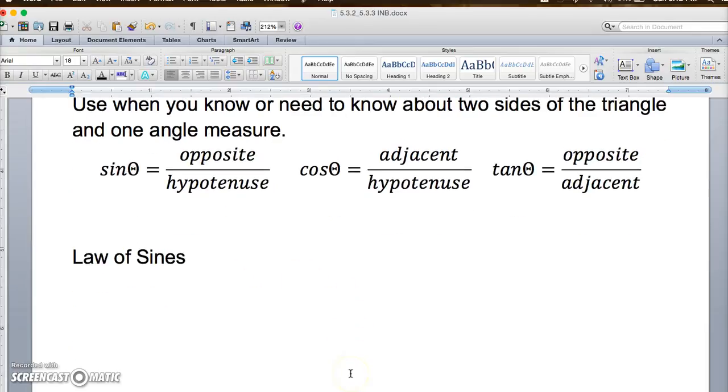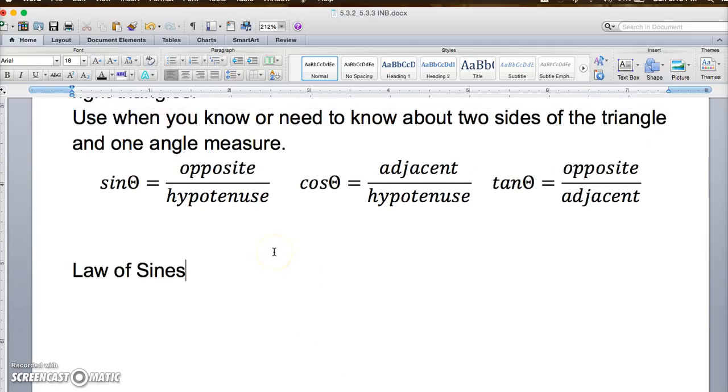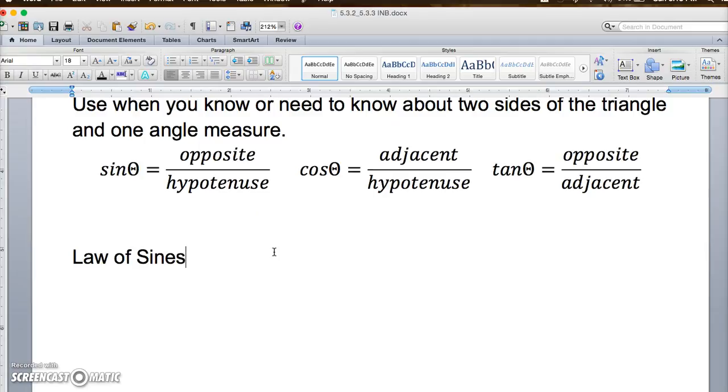And today, we're going to learn about the law of sines. This you will use for non-right triangles. That means it does not work for a right triangle.